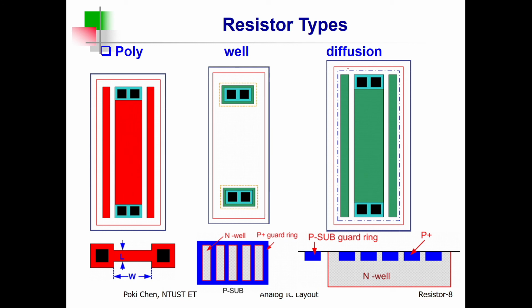Then, how many kinds of resistors can you have on chip? Usually, we have poly resistor, just like this. We use polysilicon as the main body of our resistor. And as I mentioned moments ago, you need to do dummy layout along the length of the resistor.